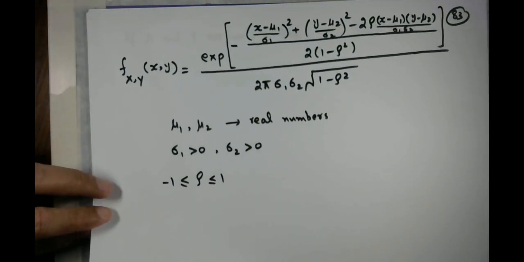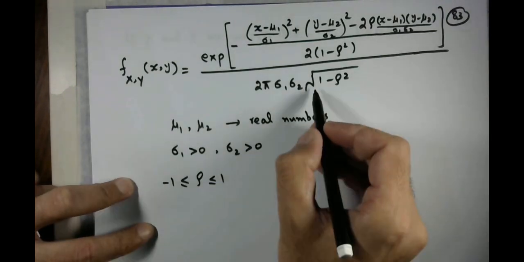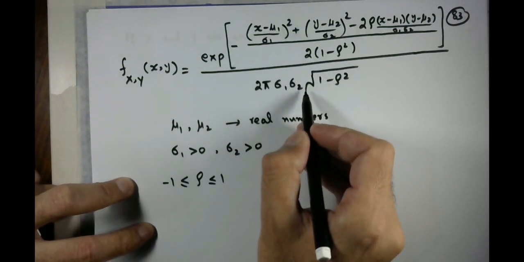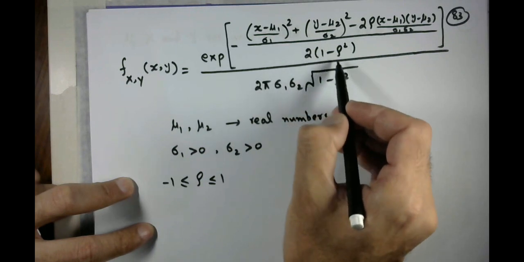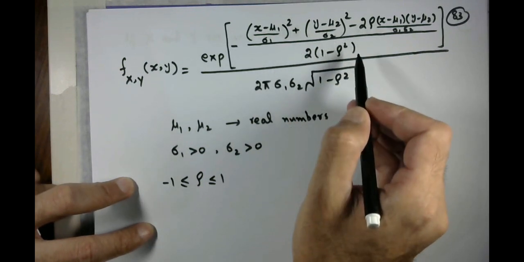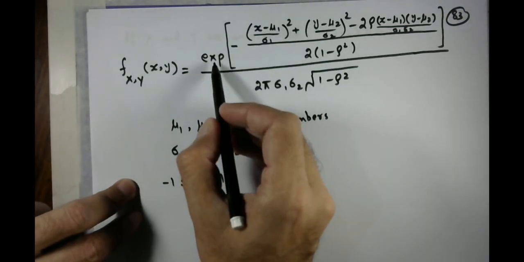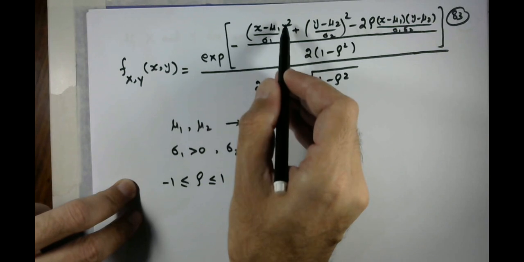So now imagine that we put rho is equal to 0 here. So this will be basically under root of 1. The denominator here will be simply 2. So the expression now becomes negative exponential of x minus mu 1 over sigma 1 whole square.